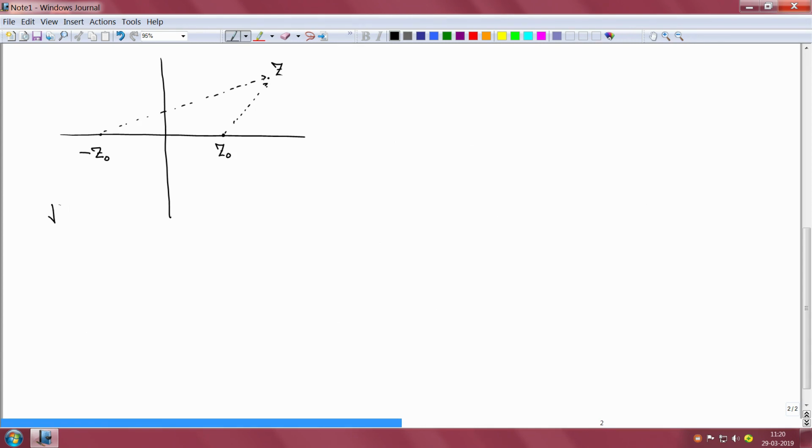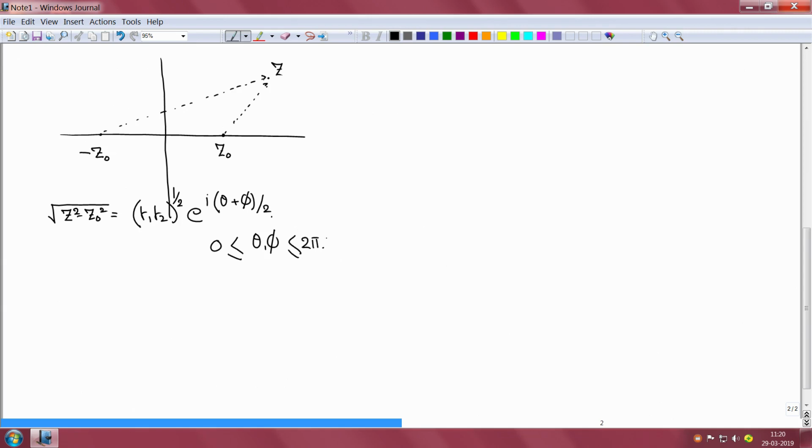I have square root of z square minus z0 square is equal to r1 r2 to the power half e to the power i (theta plus phi) by 2. And theta, phi are defined this way.